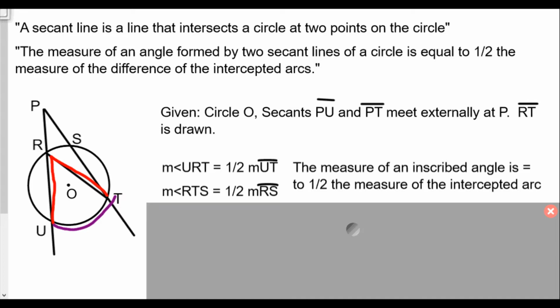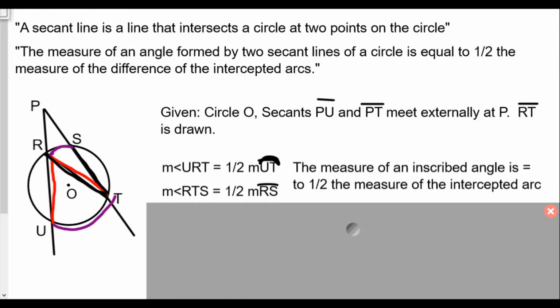That should be arc UT, not line segment UT, so let me make a little adjustment. And then the measure of angle RTS is 1/2 the measure of arc RS. The reason is that the measure of an inscribed angle is equal to 1/2 the measure of the intercepted arc. In this case, the red angle traps arc UT in its mouth, and the black angle traps arc RS in its mouth.